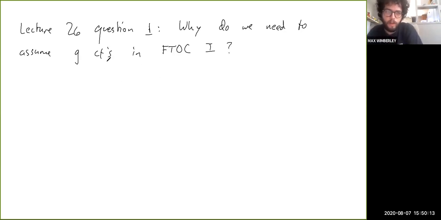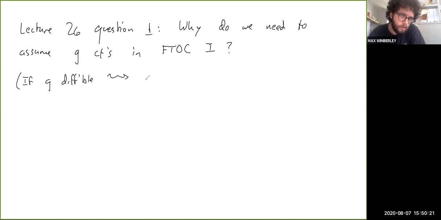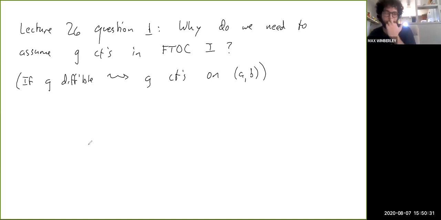Obviously, if g is differentiable, that means g is continuous on [a, b]. So why is the assumption of continuity there not just redundant? Go ahead and think about it, and make sure to include your answer in the last homework.